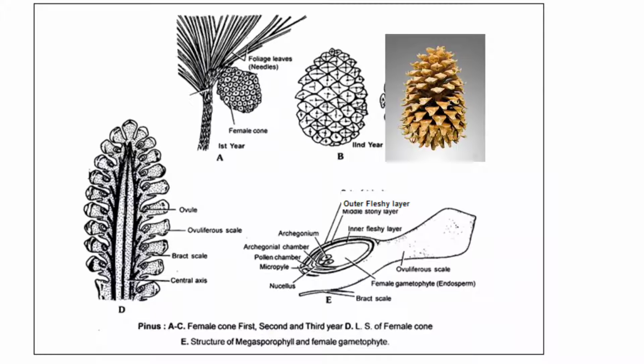Next, if you look at the female reproductive structure, it is referred to as a female cone. This is an example of a female cone.